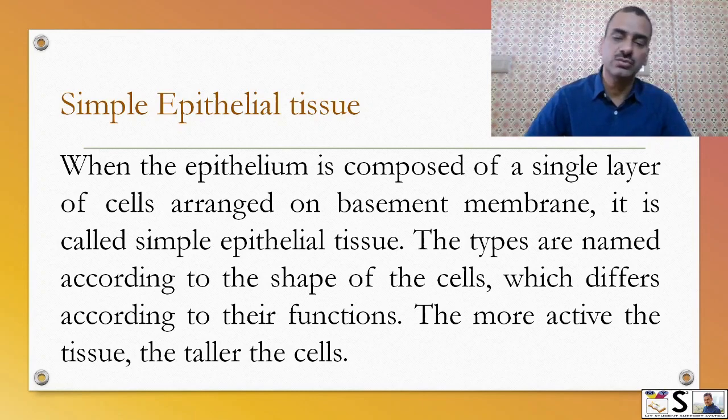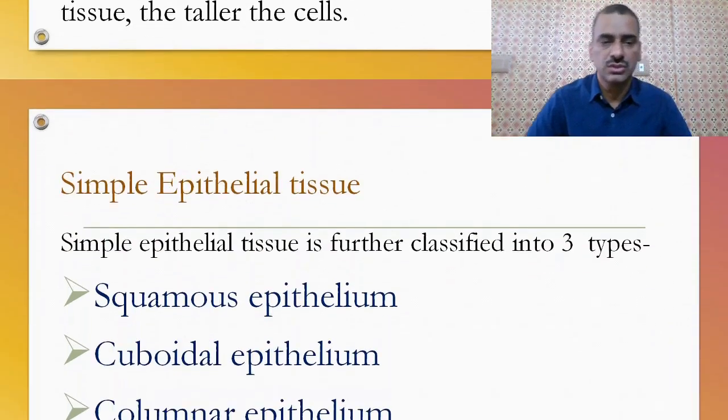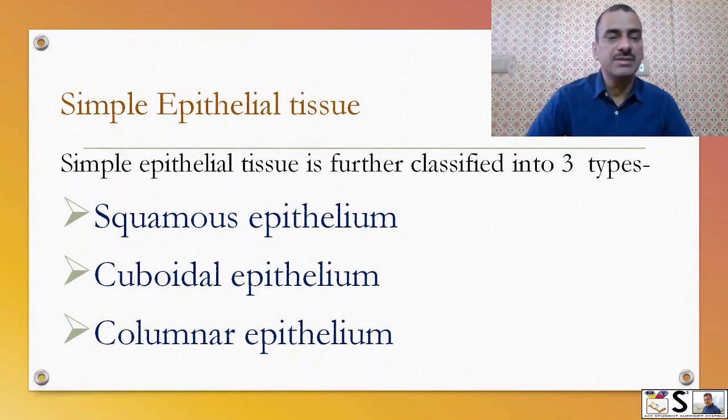The more active the tissue, the taller will be the cells. So simple epithelial tissue is further classified into three types depending upon the shape of the cell. First is squamous epithelium, second is cuboidal epithelium, and third is columnar epithelium.